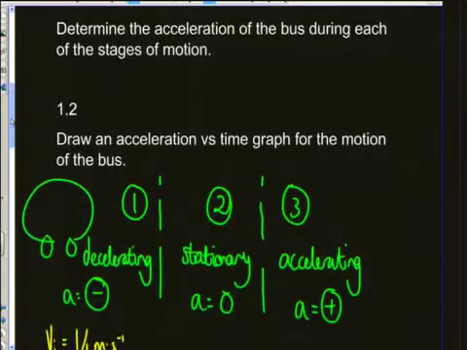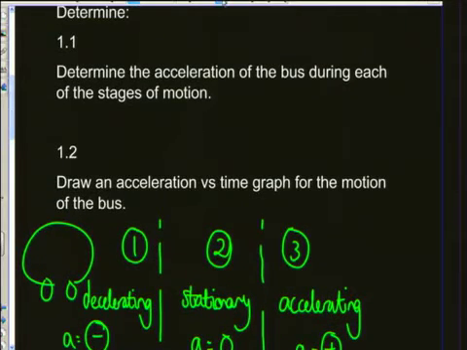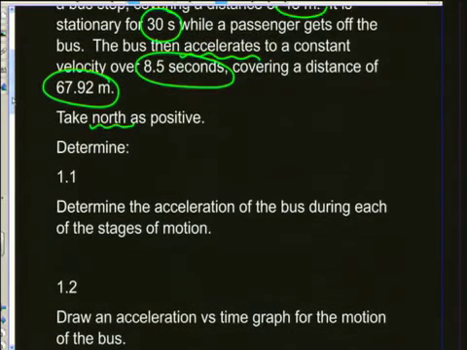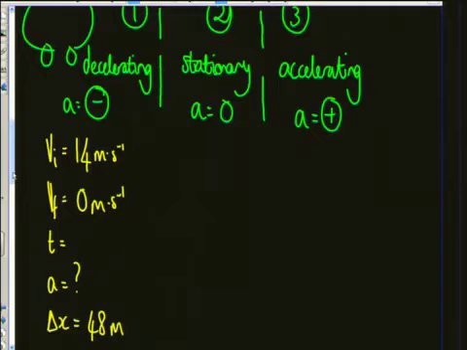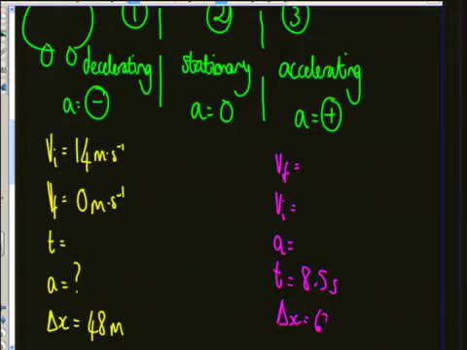So let me go and write it up, and I'm going to change pen color so you can very clearly see. We're doing stage 3, and here the bus accelerates to a constant velocity. We have a different time and a different displacement. So let's write those down. Here I've got V final, V initial, acceleration, time is equal to 8.5 seconds, and delta x is equal to 67.92 meters.